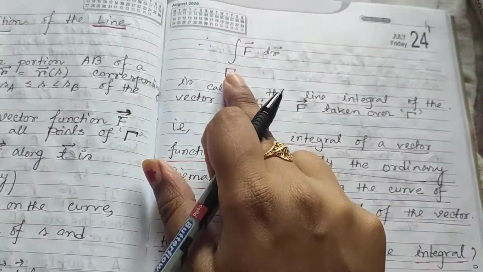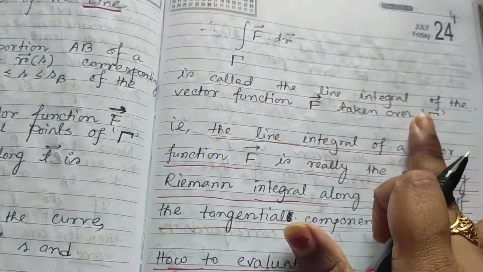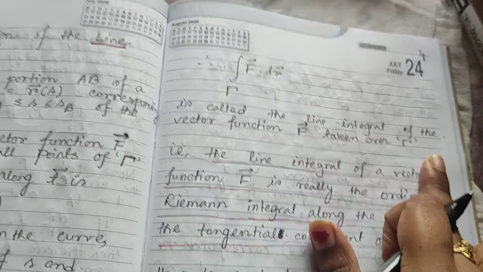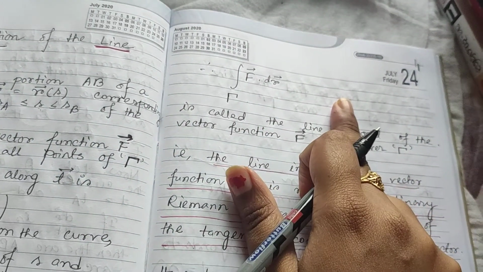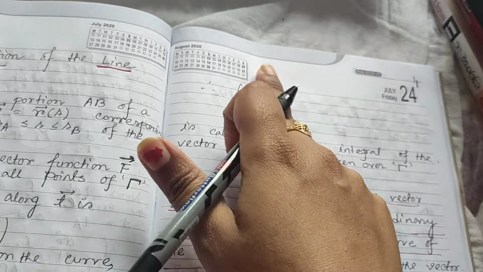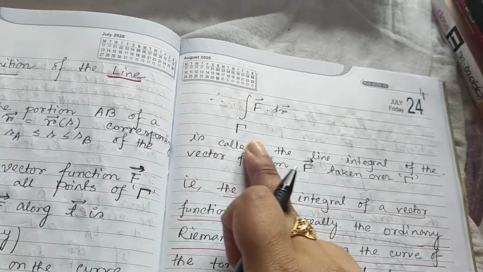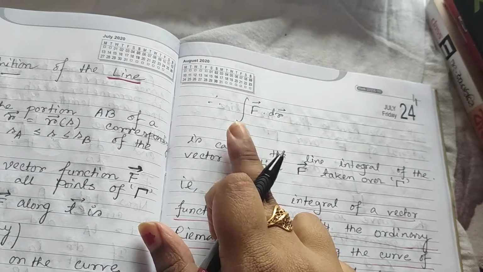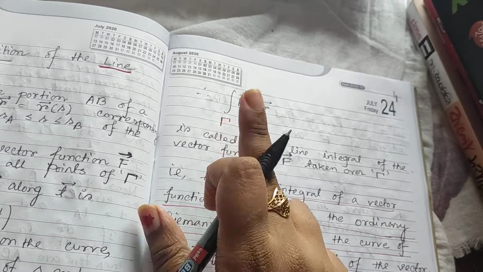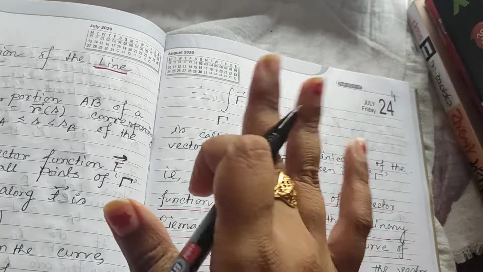Therefore the integration over gamma of f dot dr is called the line integral of the vector function f taken over gamma. So in this way we get the formula for finding the line integral. By this formula, f dot dr over gamma, over a particular portion of the curve, if we do the integration, then we can easily get the line integral for the function f.